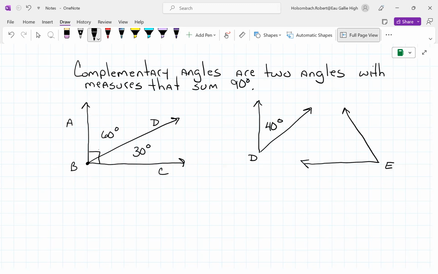Angle E. And if it measures 50 degrees, then angle D and angle E are complementary. All right, so complementary angles, they sum 90 degrees. They can be adjacent or they can be non-adjacent.